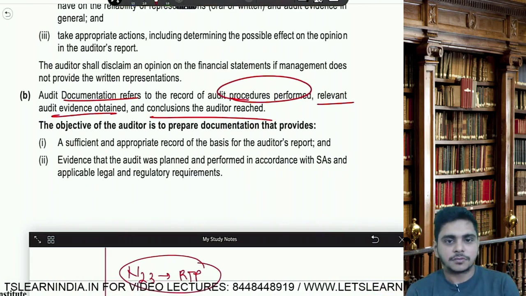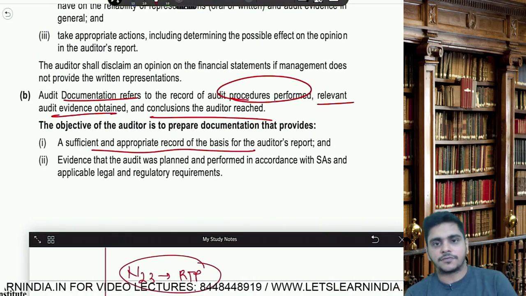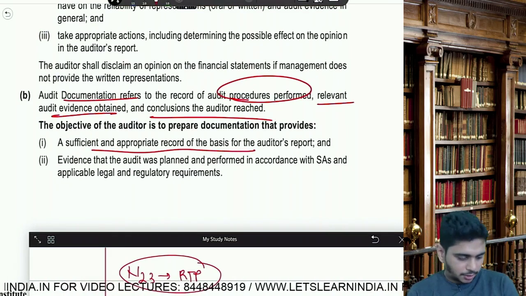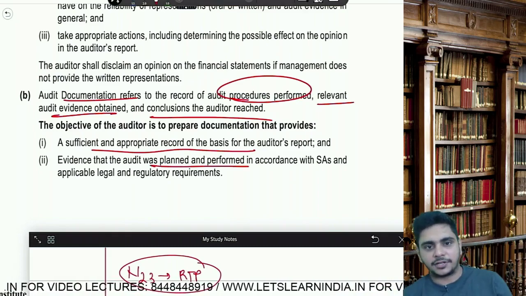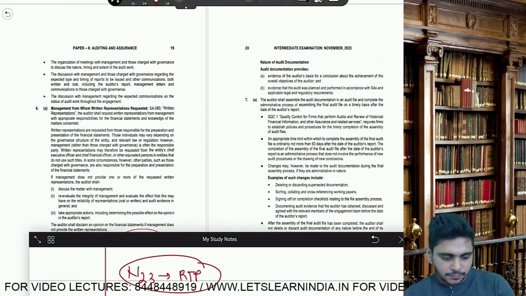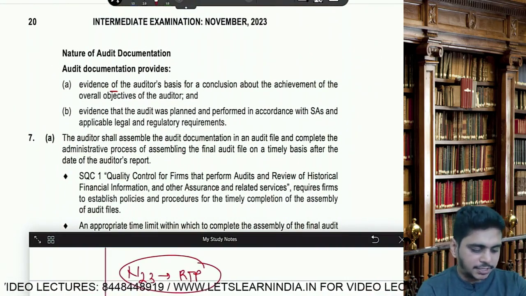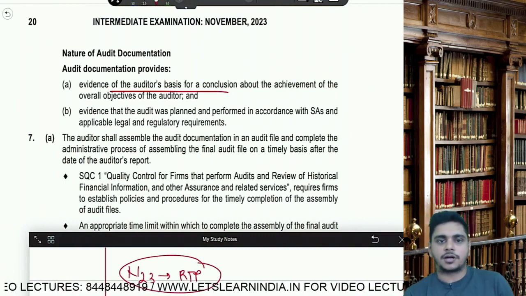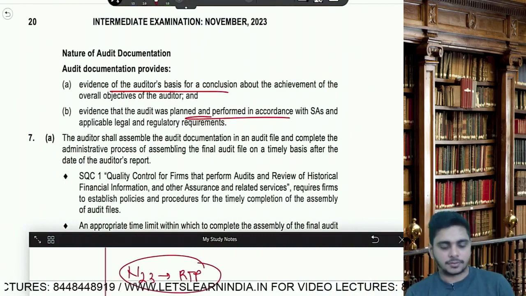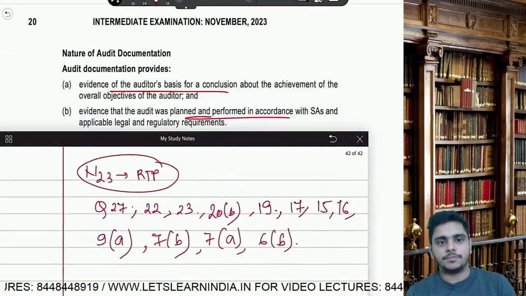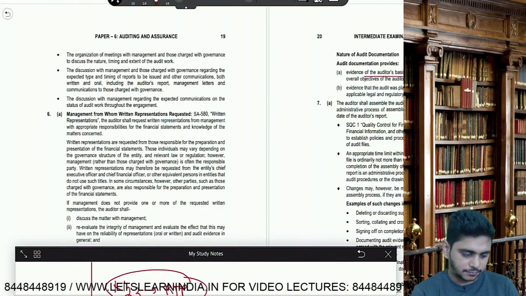The objective is a sufficient and appropriate record of the basis for the auditor's report. Number 2, evidence that the audit was planned and performed as per SA and other relevant regulatory and legal requirements. Then nature. Audit documentation provides the evidence for the basis on which the auditor will draw the conclusion, and evidence that the audit was planned and performed as per SA. So 6B was a little different question.